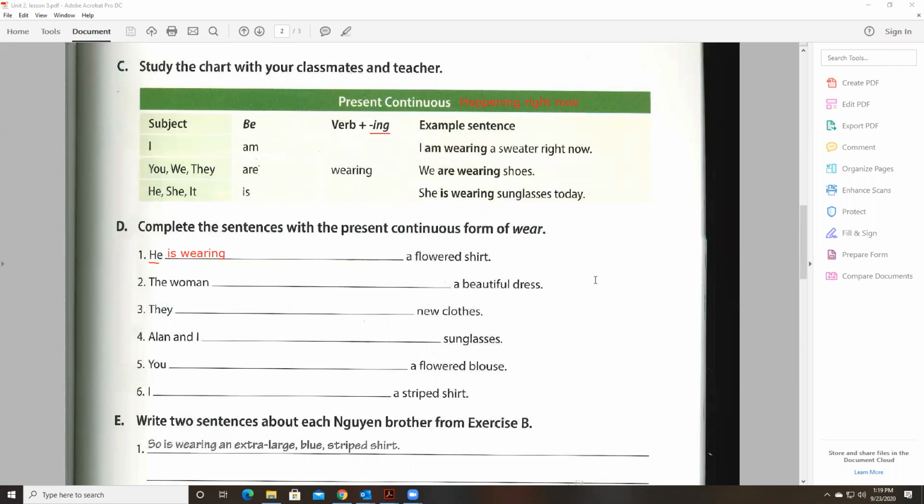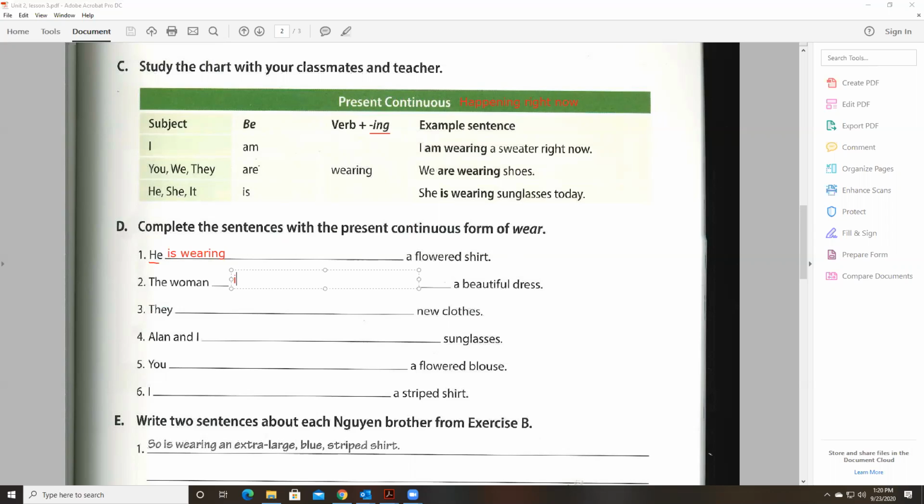All right, let's take a look at number 2, the woman. You are talking about she, right? You're talking about feminine. You do not need to add the word she because the woman is already your subject.